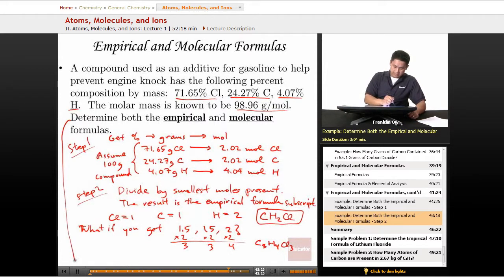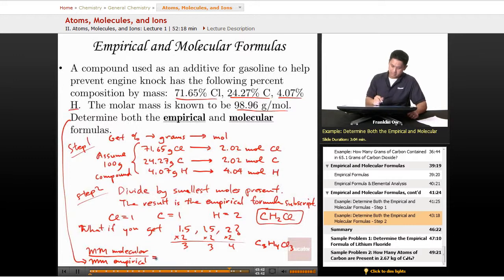All right, to get the molecular formula, you simply do the following. You take the molar mass of the molecular formula, which is given to you, and you divide it by the molar mass of your empirical formula. That is always going to give you a nice whole number.